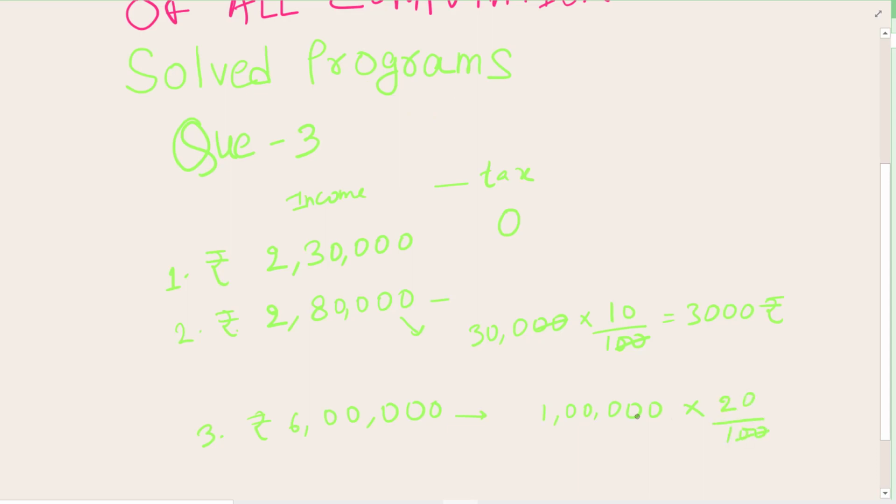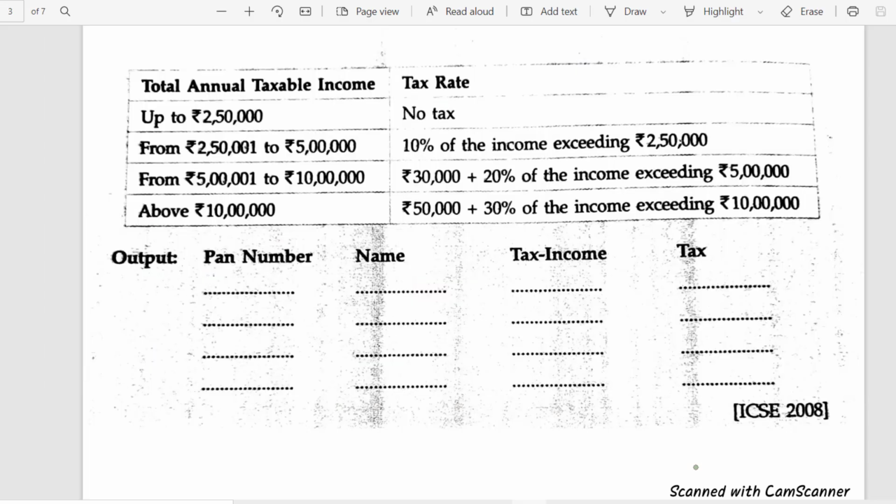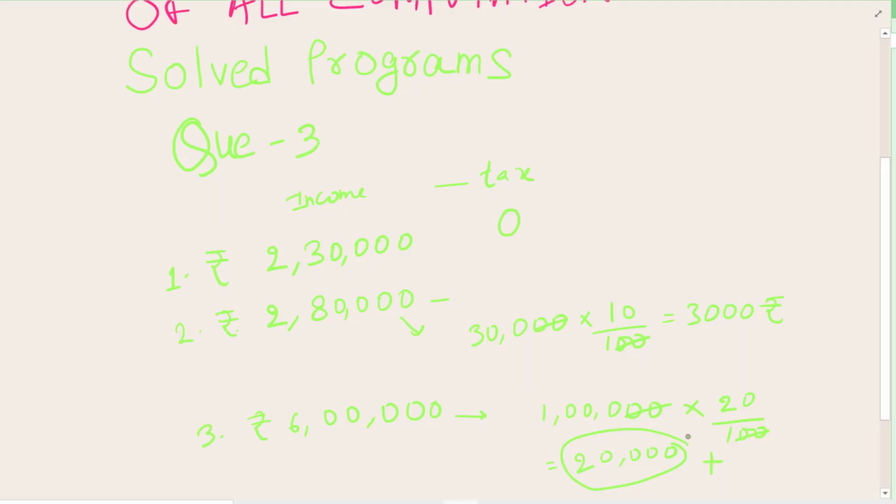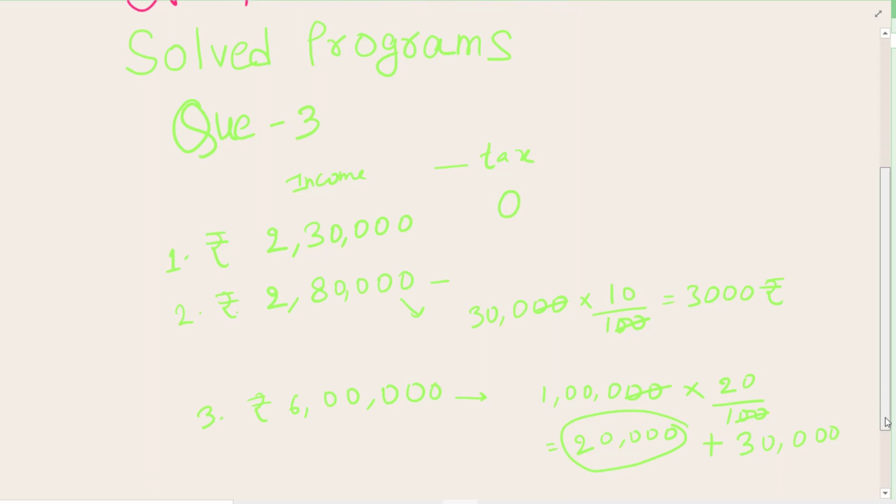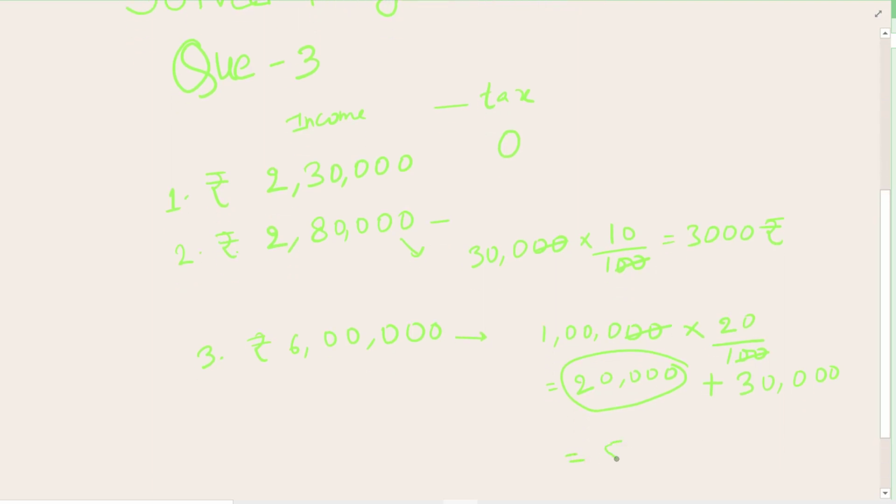This 100 nullifies this, and then you will get 20,000. So you will have to give 20,000 plus 30,000, which is 50,000.